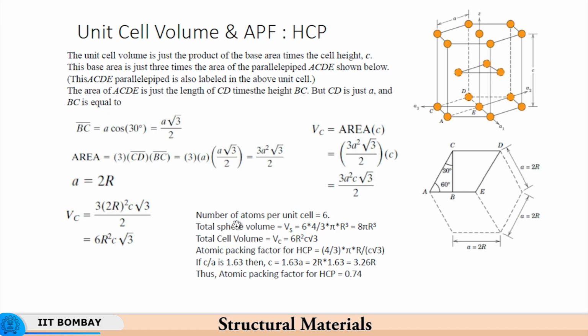And so it is sufficient to find out the area of this, and multiply by 3, and then take the height to give us the volume of the unit cell.